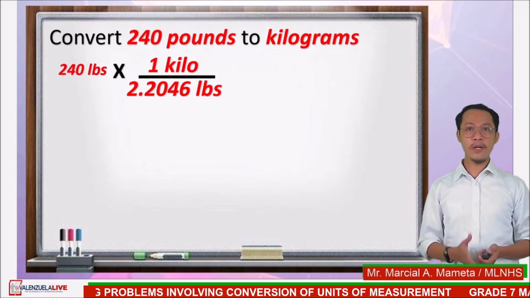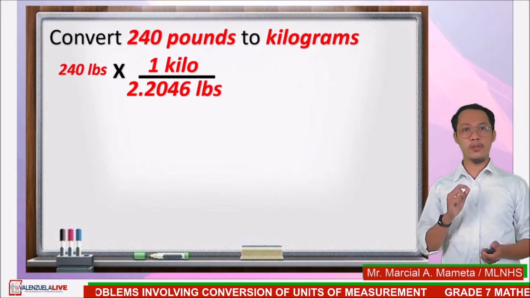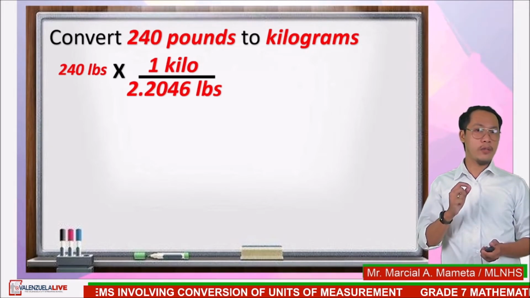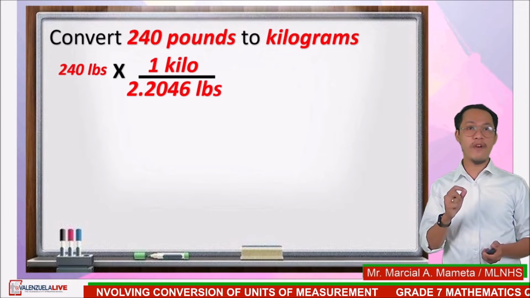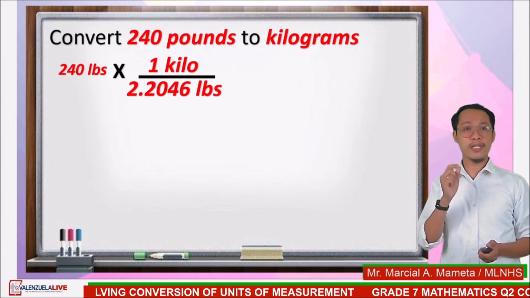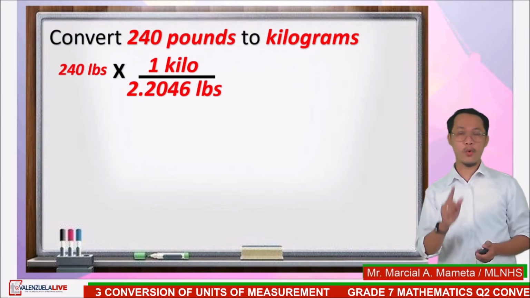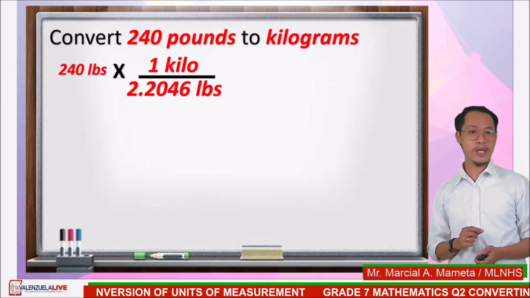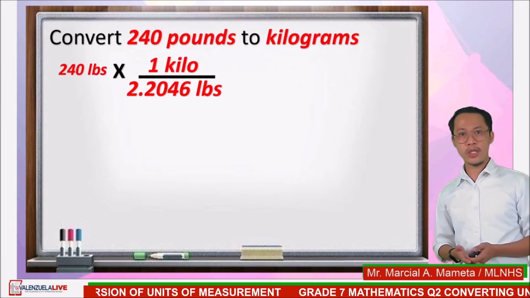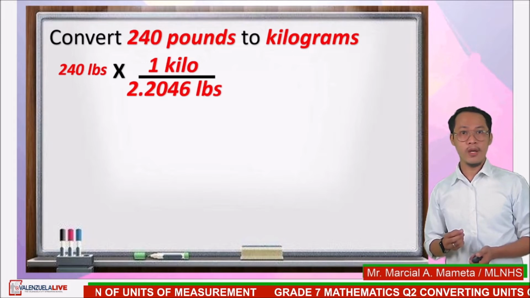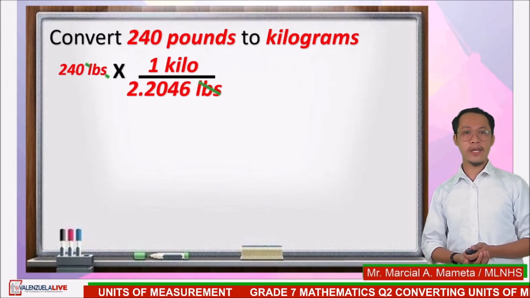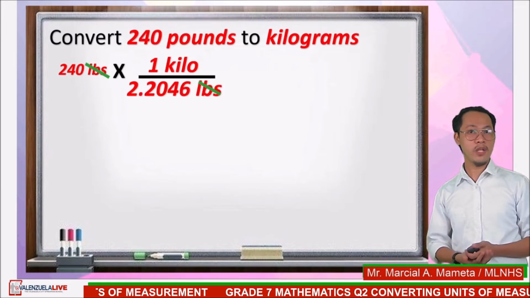Again, the numerator is the unit that you are converting to, and the denominator should be its equivalent in the given. Remember that 1 kilogram is equal to 2.2046 pounds.